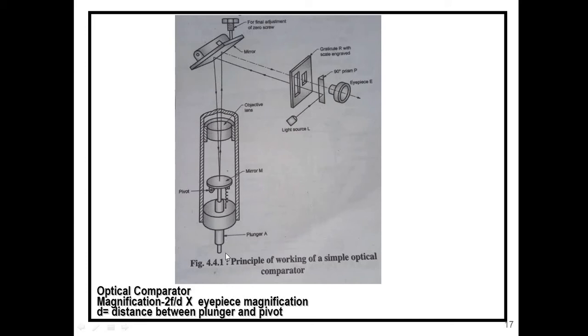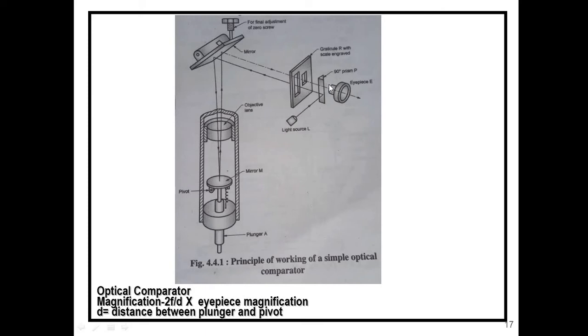Now the graticule R, you can see this is called a graticule R, which is in front of the eyepiece. This graticule is in front of this eyepiece, and this graticule has a small scale, and this scale is engraved photographically on it.